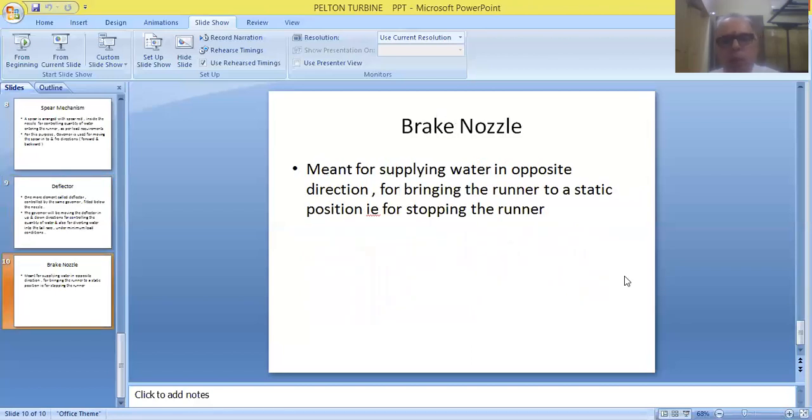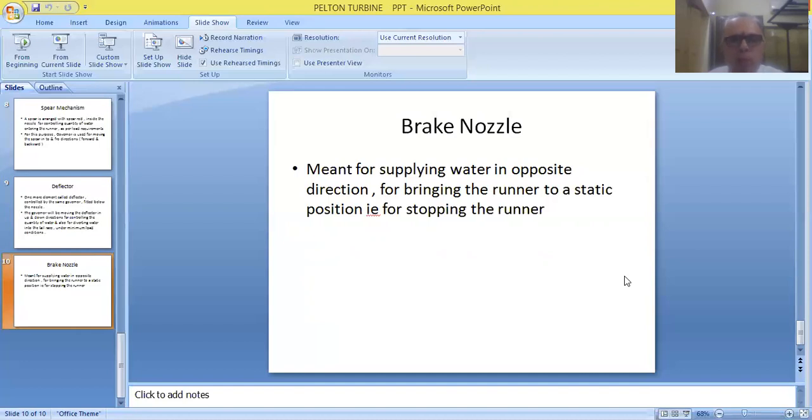Lastly, we have to discuss the brake nozzle, already discussed earlier. As the name itself implies, it is used for stopping the runner. It will be supplying water in the opposite direction towards the end of the operation. Therefore, automatically the runner will be coming to a static position.